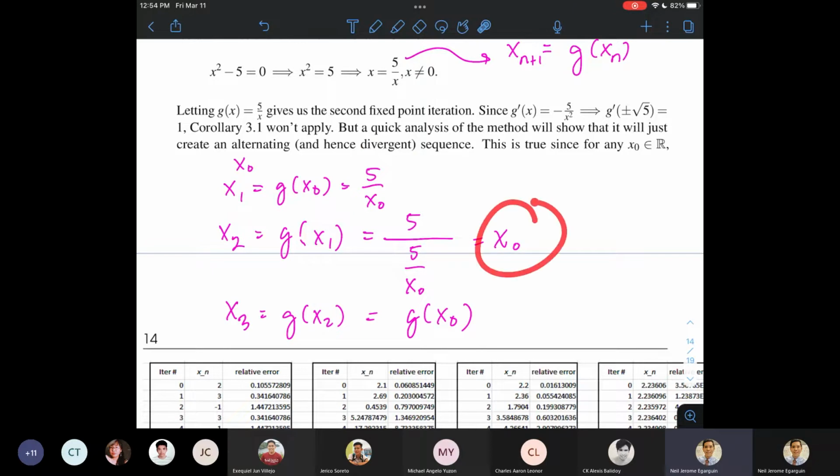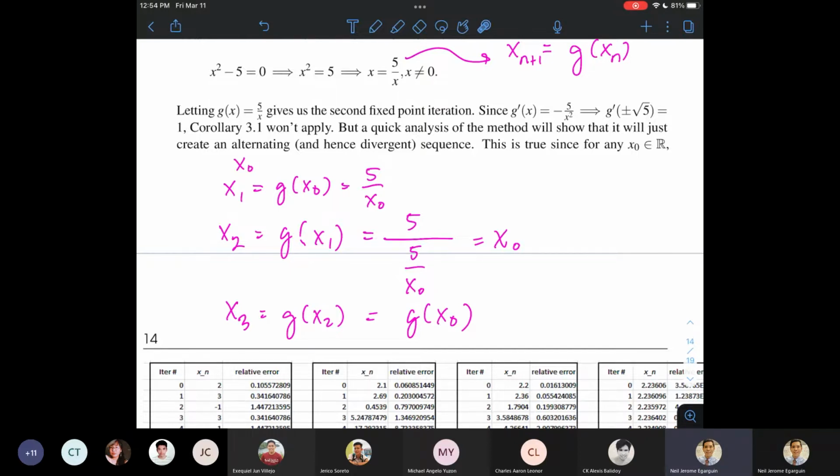Si x6 ay x sub 0, and so on. So magkakaroon ka lang ng nag-alternate lang between two values, namely 5 over x sub 0 and x sub 0 yung results ng iteration. And therefore, this will not converge. Okay? So, yeah, this is an example na equal kay 1 yung derivative pero hindi siya nag-converge.